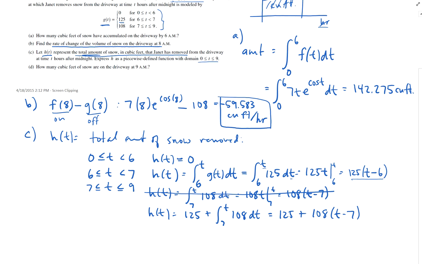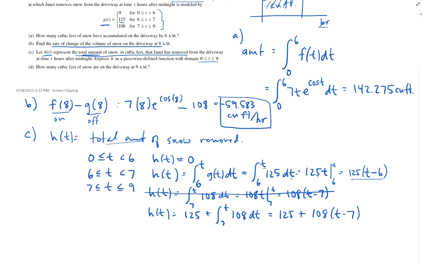So again, just to recap this part of the problem, it's the total amount of snow removed, which is the integral of the rate of change of snow, because g is the rate. And so from 0 to 6, she's removed 0. From 6 to 7, it's the integral from 6 to t for any time t in that range.